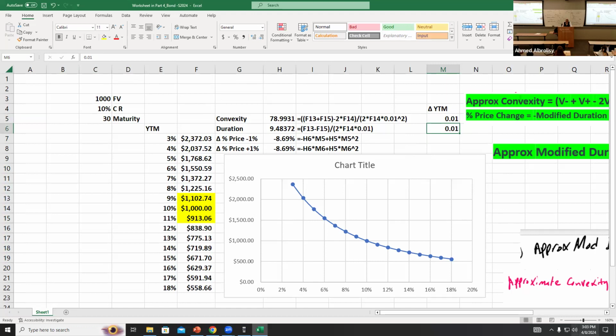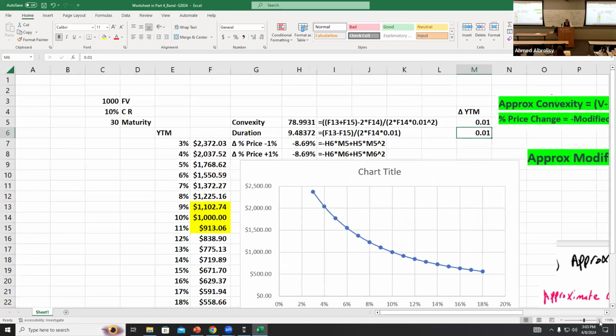I want to show it to you visually. If the interest rate changes by 1%, this is based on an annual basis. So I started from 10%.